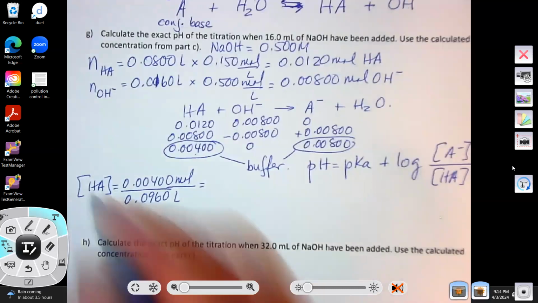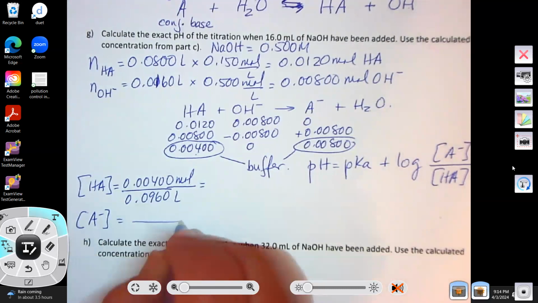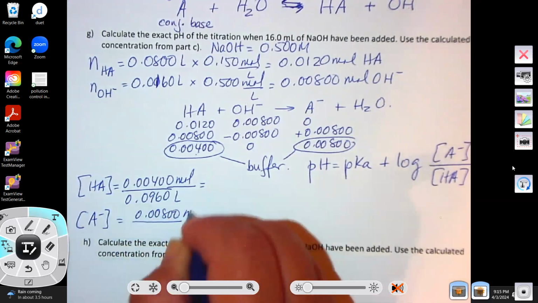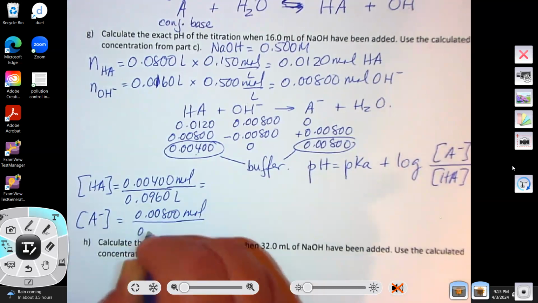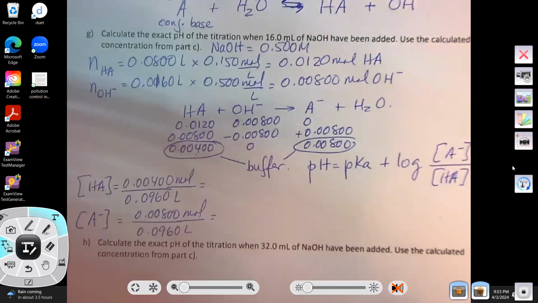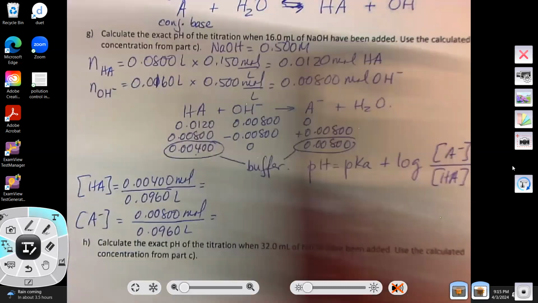And similarly, in the same way, you're going to take the number of moles of the conjugate base, which is 0.00800. You're going to divide it by the total volume. Let me just finish this. Divided by 0.096. So this is going to be 0.0417.